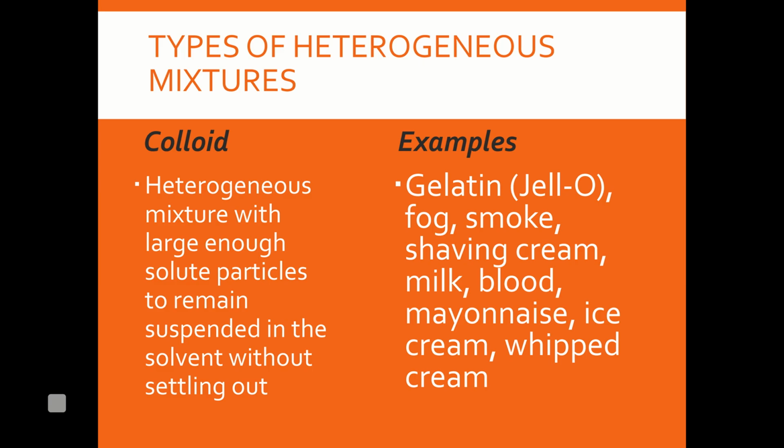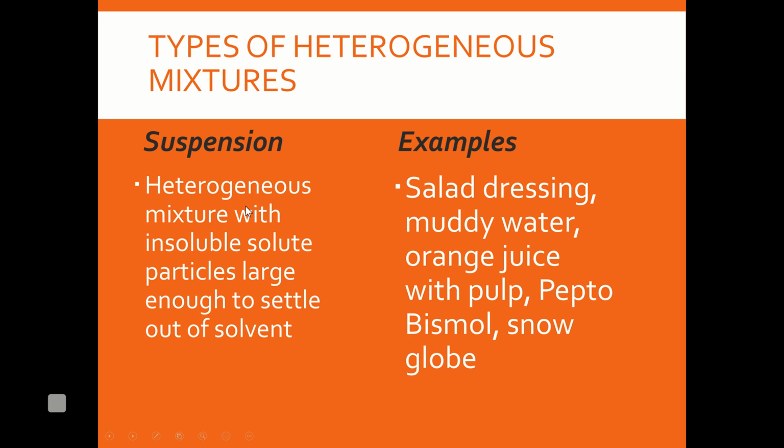So classic examples here you can see on the right: jellos, creams, milks, blood, things like that, smoke, fog. Those are examples of colloids, which again fall under heterogeneous mixtures.